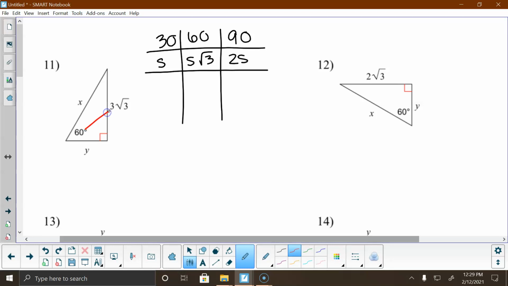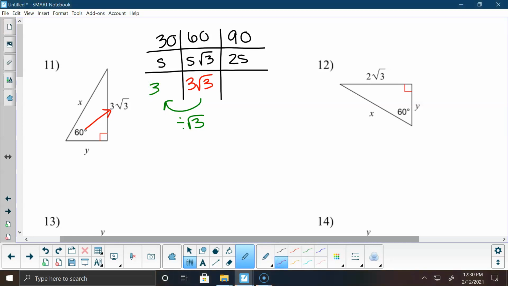Okay? So, directly across from my 60, I have 3 root 3. So how am I going to move this one? Divided by what? Yes, just 3.